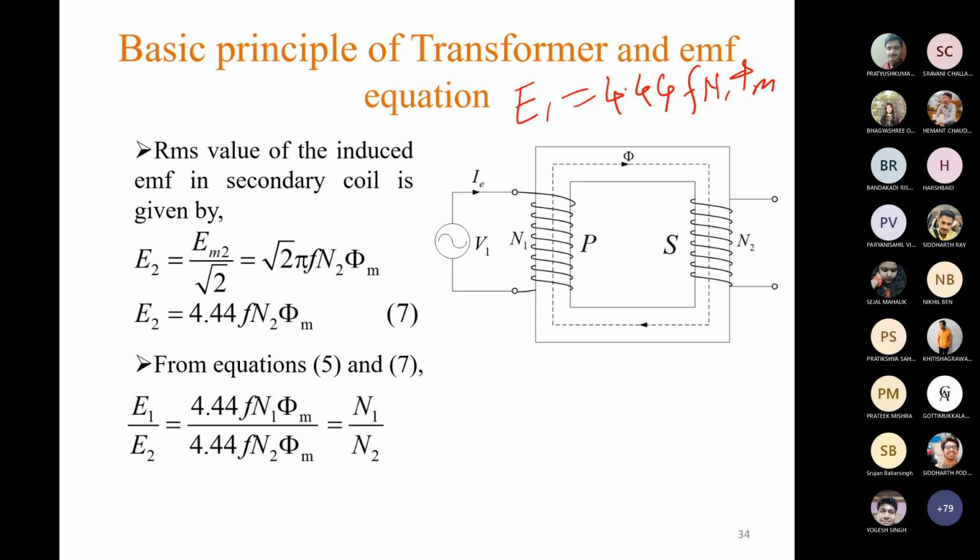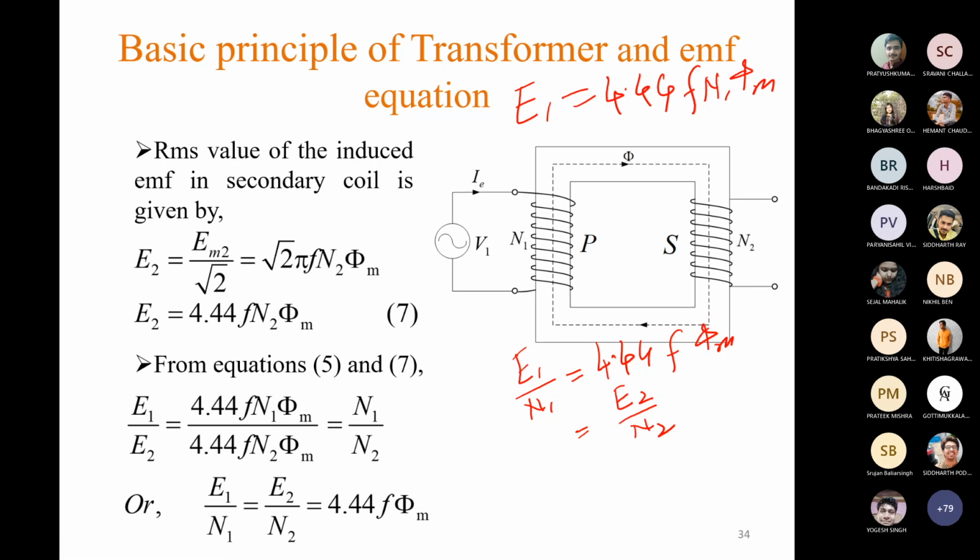Now in another way we can express equations 5 and 7, that is E1 by N1 equals 4.44 F phi m, and that is also equal to E2 by N2. Okay, so we can write E1 by N1 equals E2 by N2 equals 4.44 F phi m. Now what is this 4.44 F phi m?